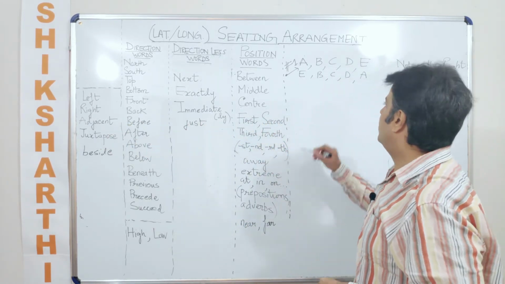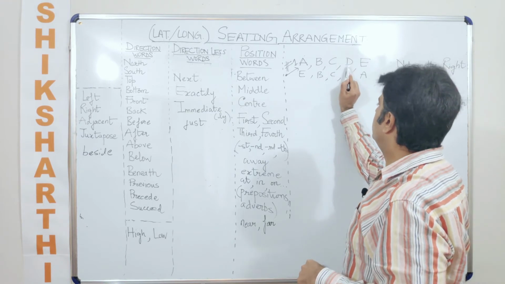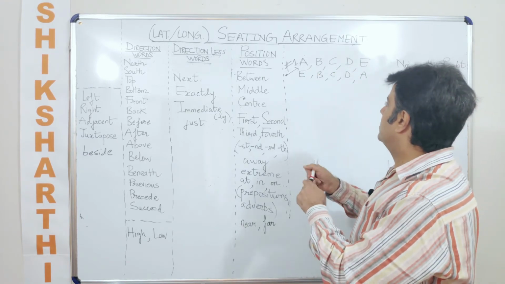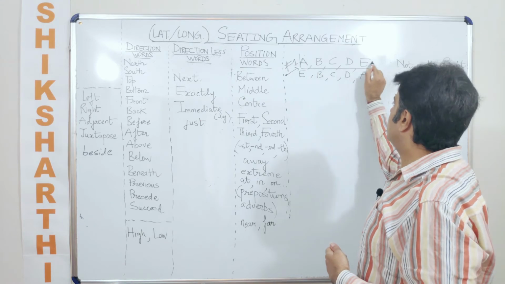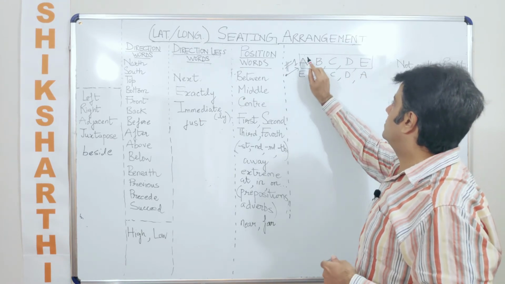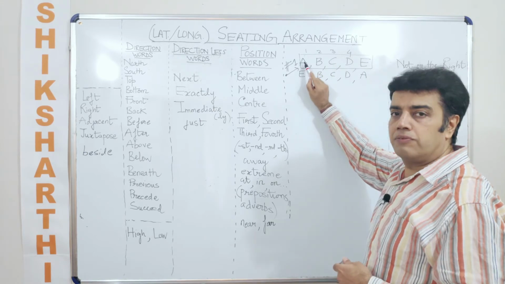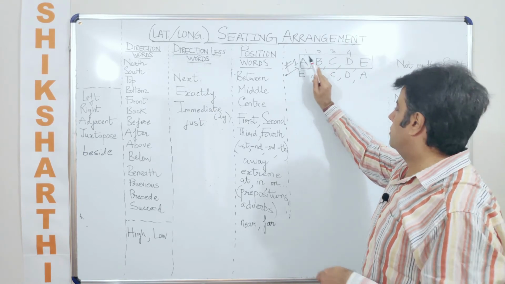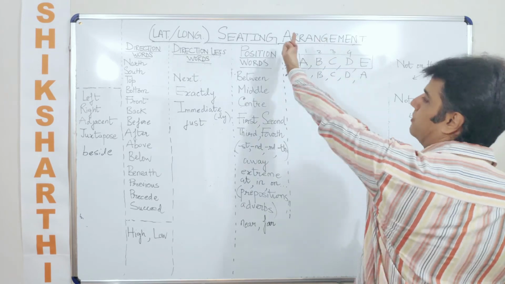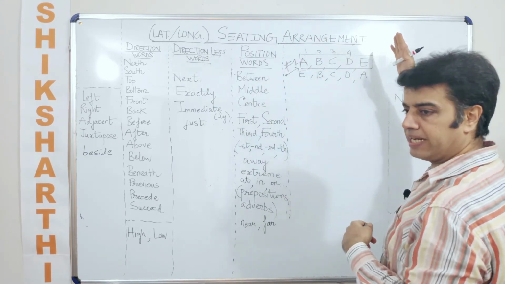How? If I say, what is the position of D? If I talk about this case, A, B, C, D, E, what is the position of D? You will say the position of D is 4th, but from which side? If I'm facing this way, this becomes my left hand side and this becomes my right hand side.